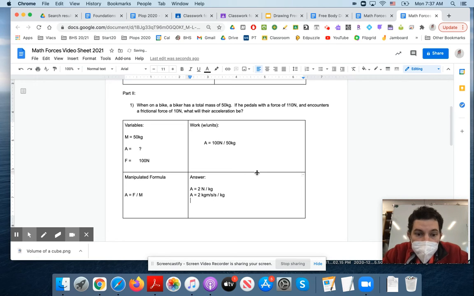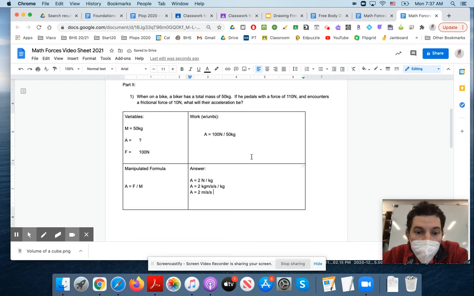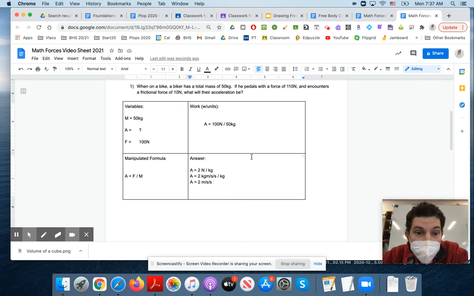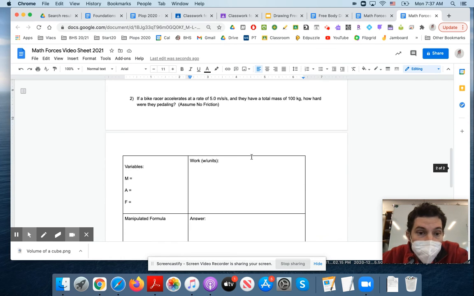So when I divide those out, I actually get acceleration equals 2, the kilograms cancel, 2 meters per second per second, which is a much more familiar term for acceleration. It's the increase in speed because you're getting pushed. When you push, you increase your speed. So that's the first problem.